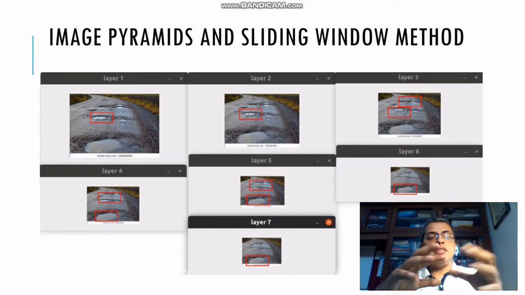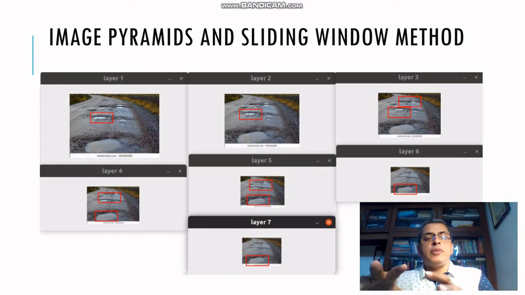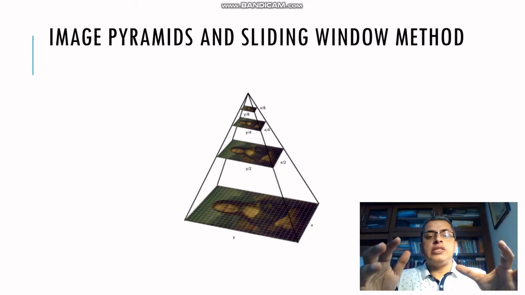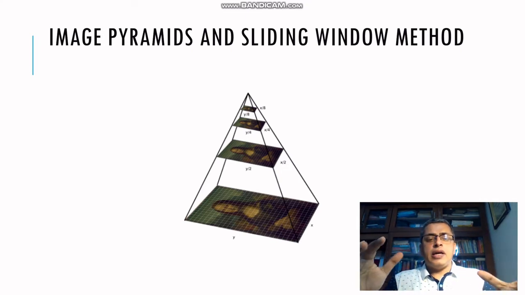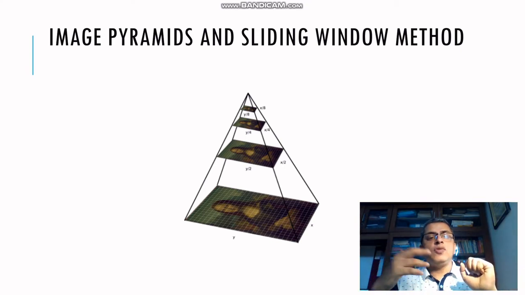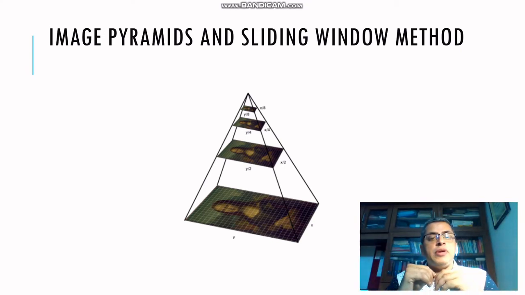This is the overall concept behind the image pyramids. That is, you scale these images progressively to different scales, and then you try to detect these objects. The name comes from the concept that if these different scale images are kept stacked vertically, they form an image pyramid. So that's the overall concept behind image pyramids.